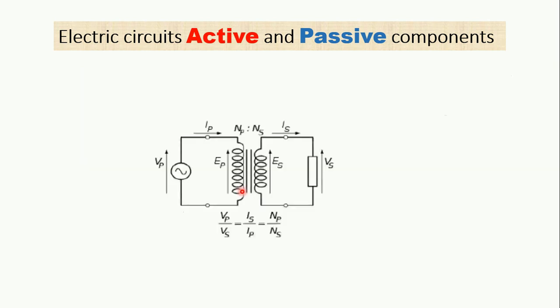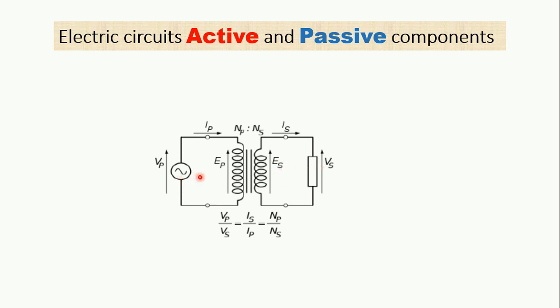So one last thing is about the transformer, and we know that a transformer, simply speaking, is just two coils. The first coil here is the primary coil, and the second coil here is the secondary coil, and they have different turns ratio. And here is the primary supply, and here is the secondary output from our transformer.